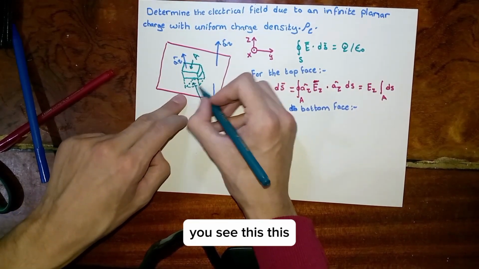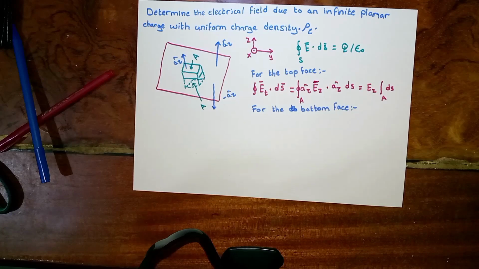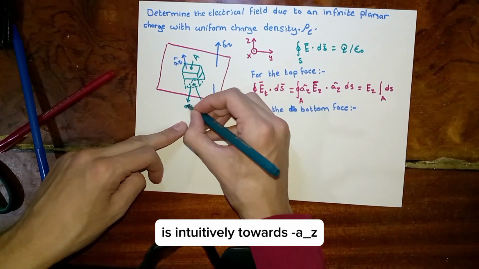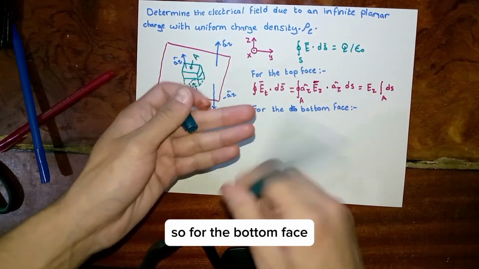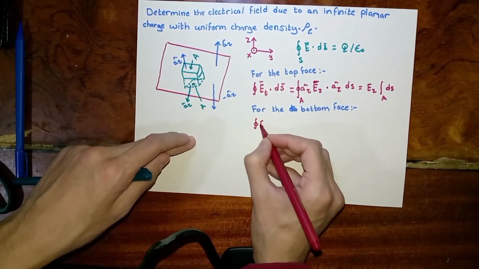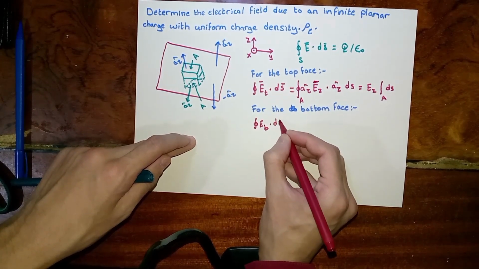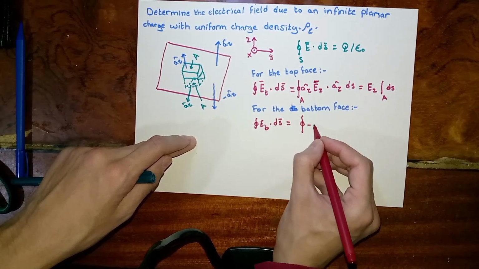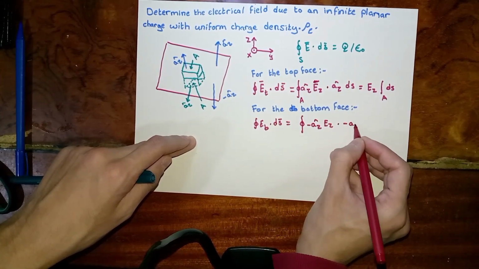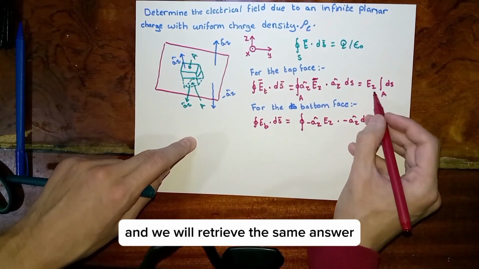You see this area which has the magnitude of A, and the unit vector for this area is intuitively towards minus a_z. So for the bottom face, the electrical field, I'm going to use B subscript, which denotes the bottom. We do the dot product, and we will retrieve the same answer.